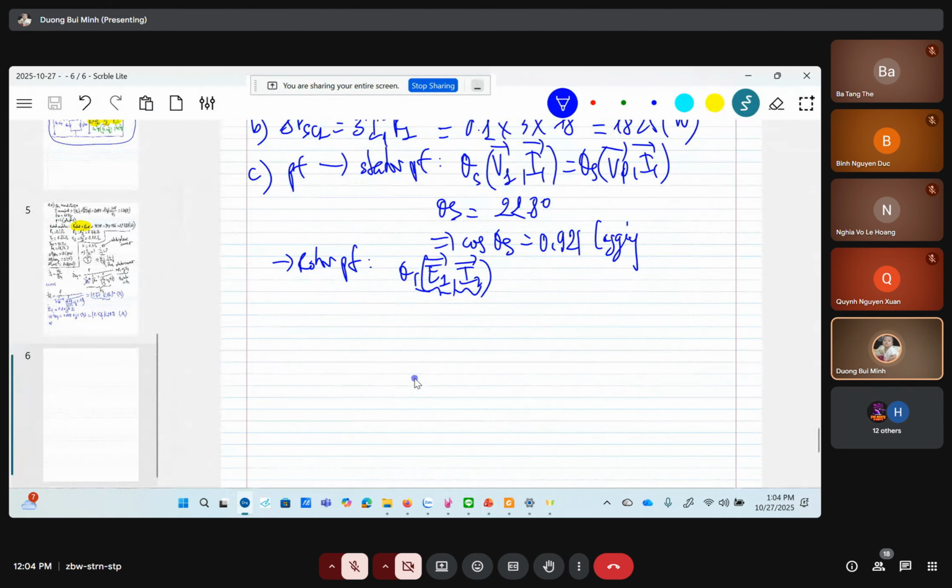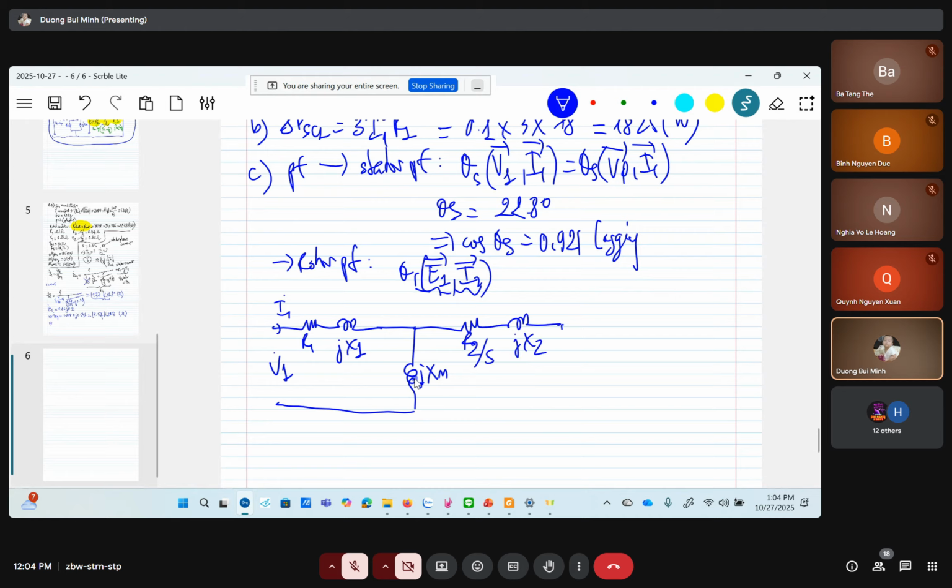Again, we have the circuit. We have R1, jX1, jXM. We don't know RC, because RC is 0. Here this is I1, this is V1, this is R2 over s, jX2, I2, and this one is E1.